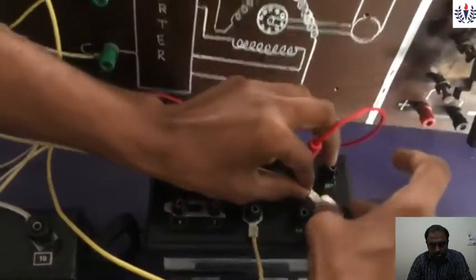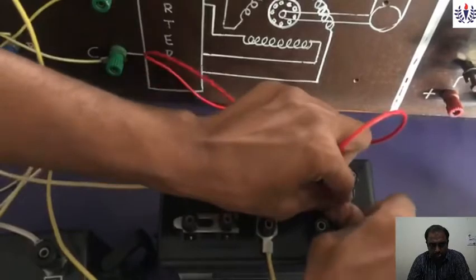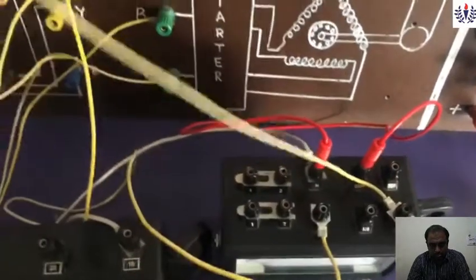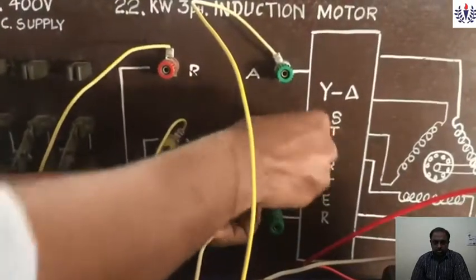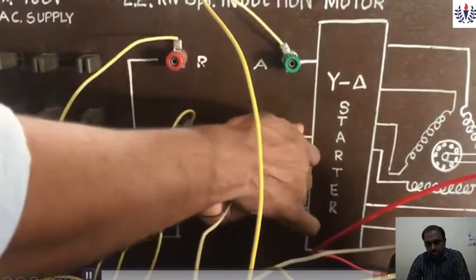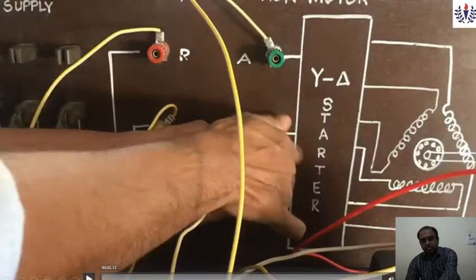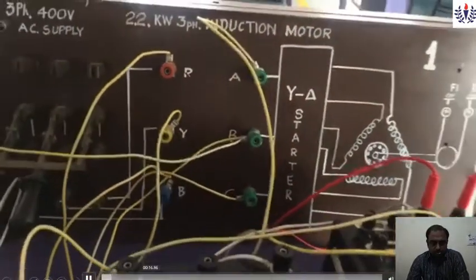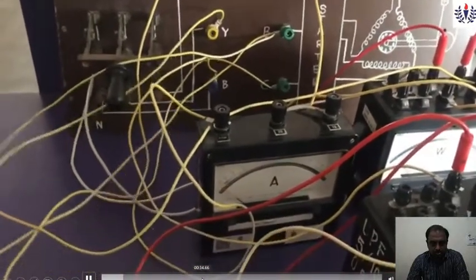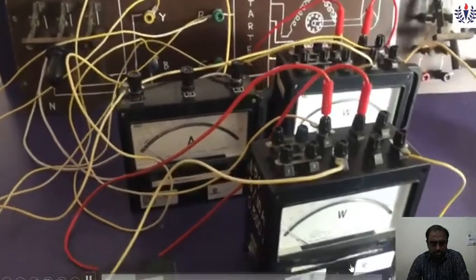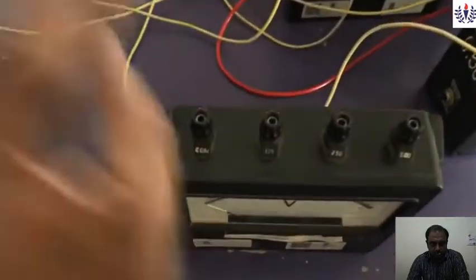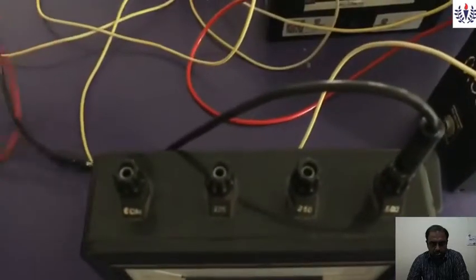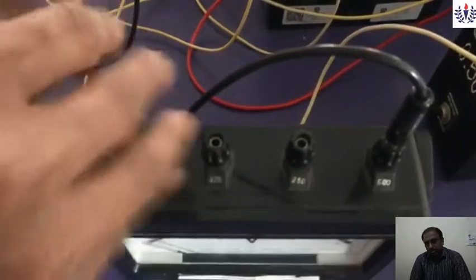And from V point to B. Then 500 to common V. We are taking the voltmeter.